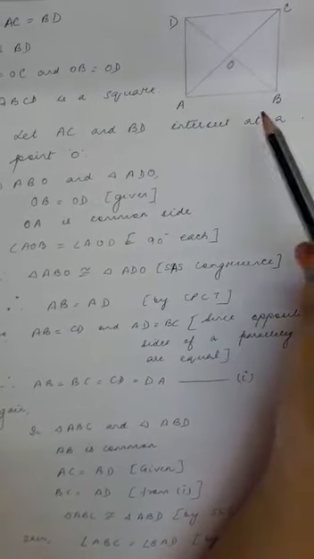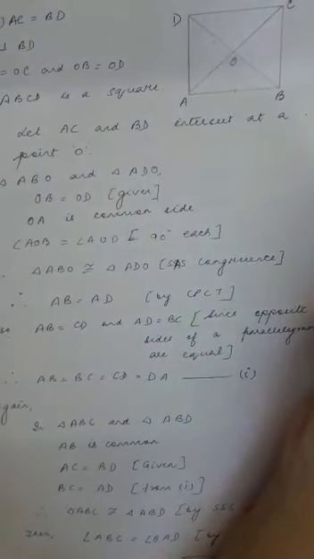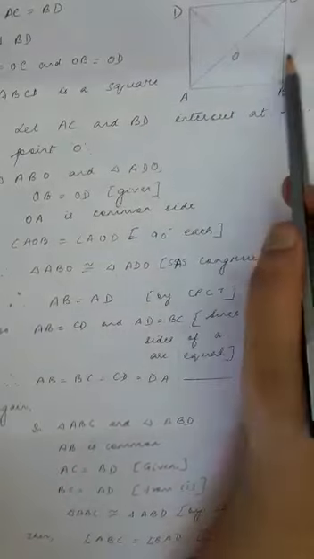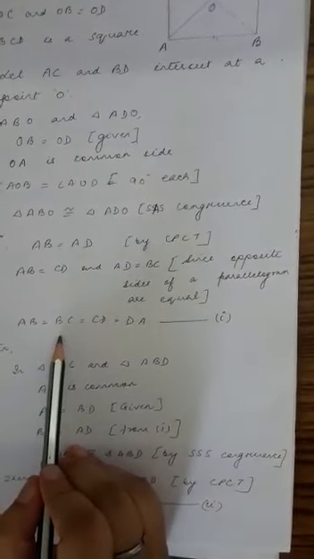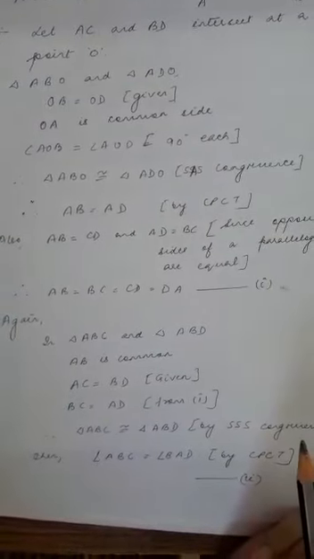So if these two triangles are congruent, then AB is equal to AD by CPCT. Also AB is equal to CD and AD is equal to BC, since the opposite sides of a parallelogram are always equal. So from here AB is equal to BC is equal to CD is equal to DA. I keep this one as equation number 1.